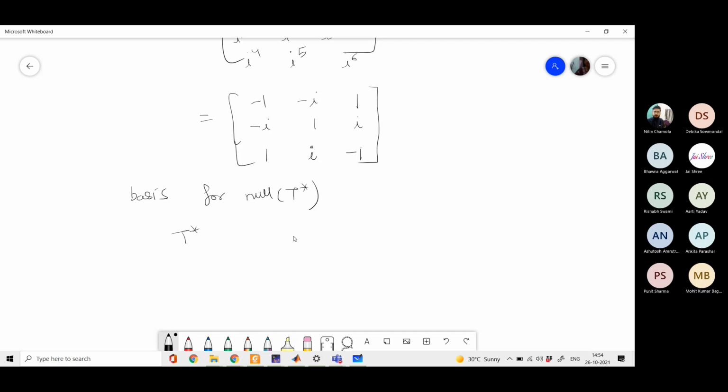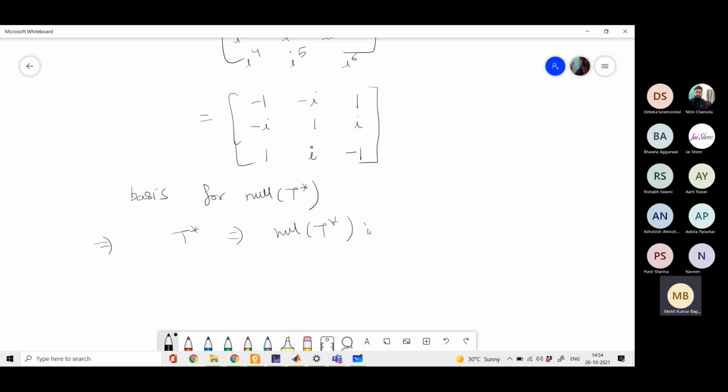You first find it. Excuse me, one minute. Okay. So you have told me that you first find T star and then you find the null space of that T star. That is one way. Correct. Any other way you can do?